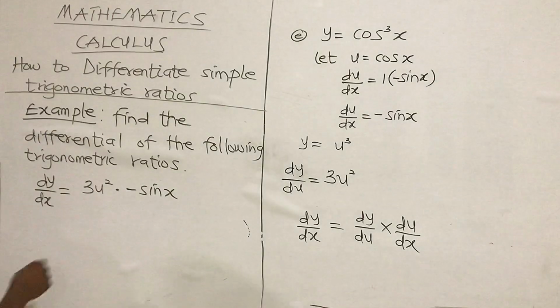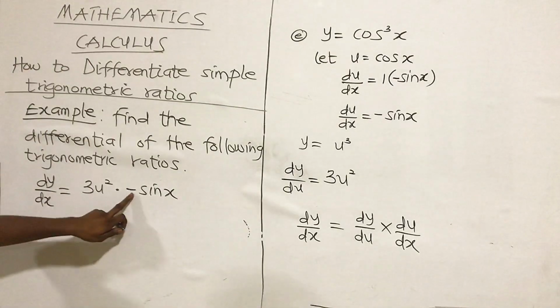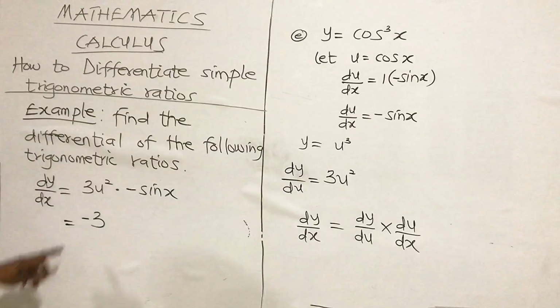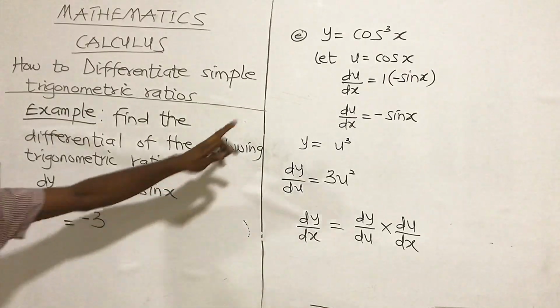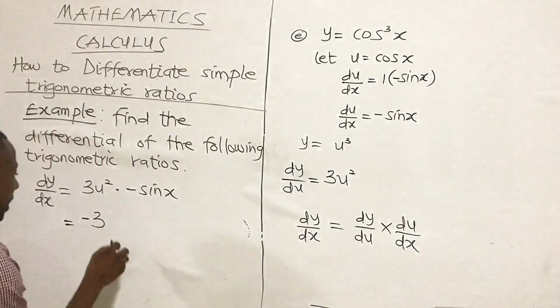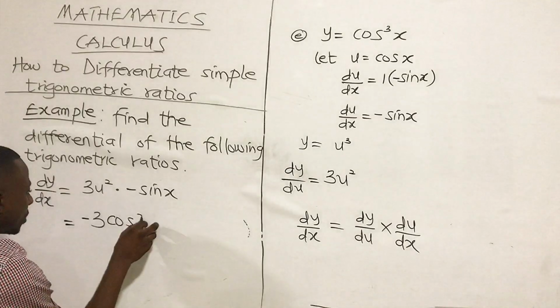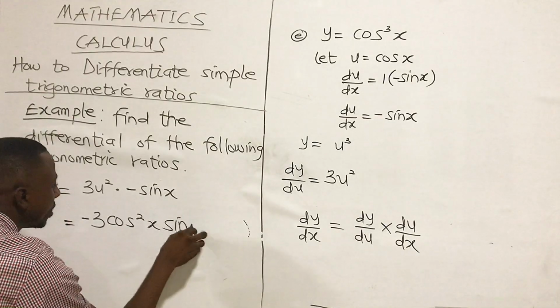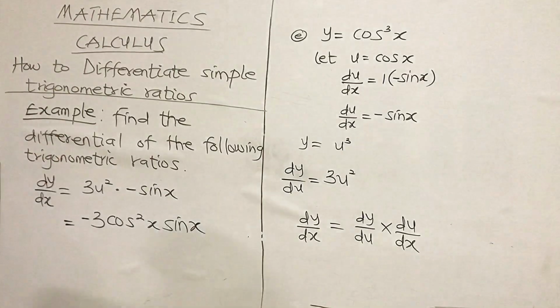So from here, we have the negative multiplying the 3, that is minus 3. Now our u is cos x, making cos squared x sine x. And this will be the final answer for this particular question. Let's go to the next question.